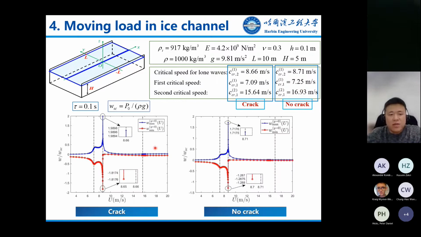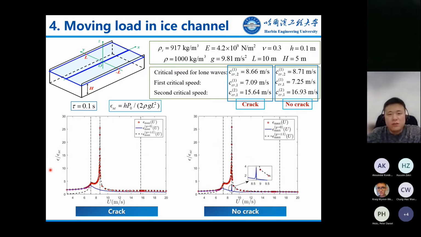Then, the maximum ice deflection and the minimum ice deflection for different load speeds are detected. We can see that the maximum ice deflection peaks at the critical speed for long waves for the ice sheet with and without a crack. The ice deflection peaks locally for load moving near the first critical speed.